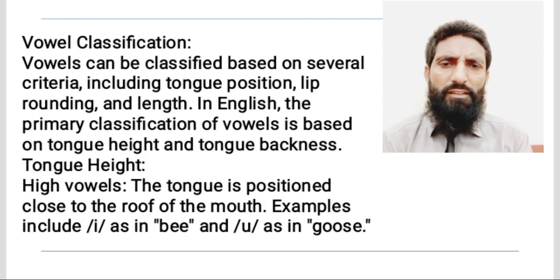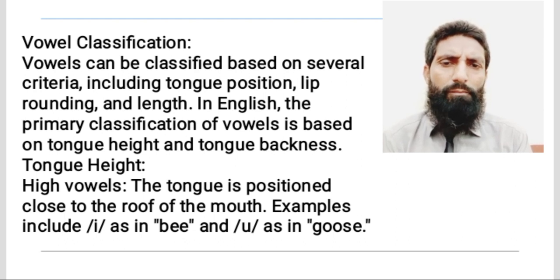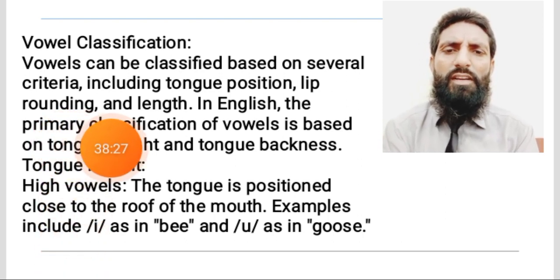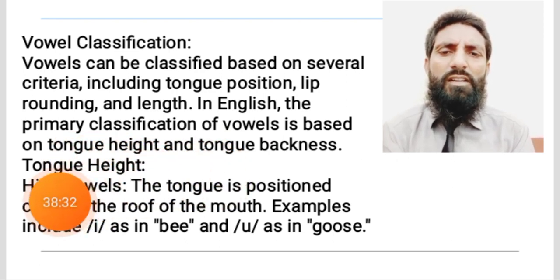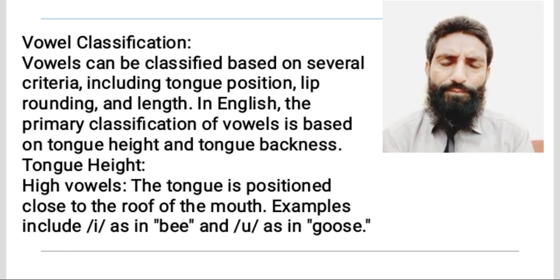Vowel classification. Vowels can be classified based on several criteria. Criteria is a plural word, and criterion is a singular word, including tongue position, lip rounding, and teeth. In English, the primary classification of vowels is based on tongue height and tongue backness.